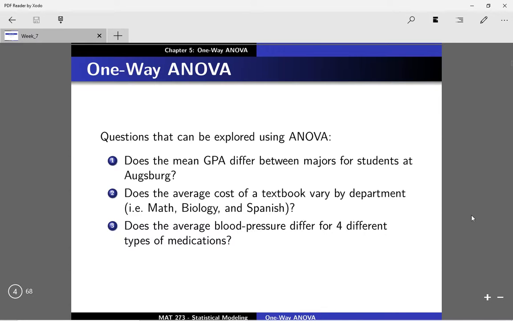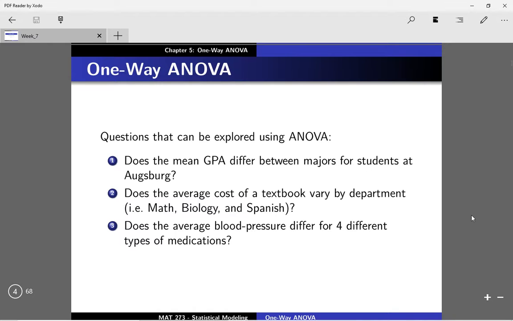Another question: does the average or mean textbook price vary by department? So maybe math books cost more than, say, Spanish books. In this case, the cost of the textbook is our quantitative response. The department is our categorical predictor.